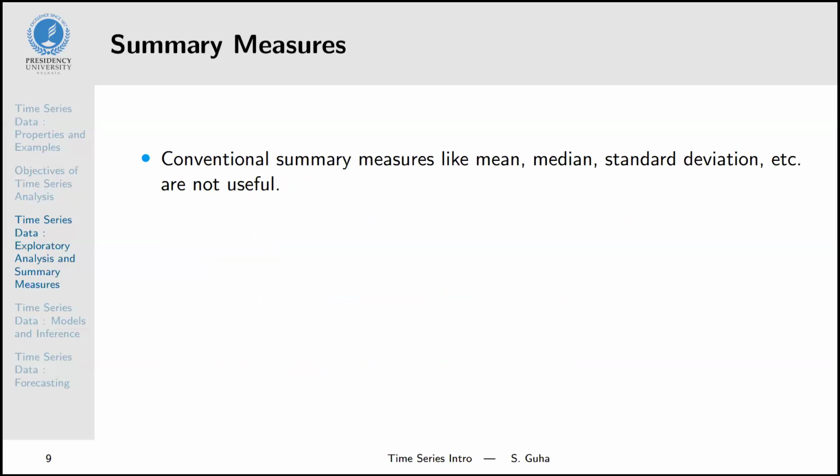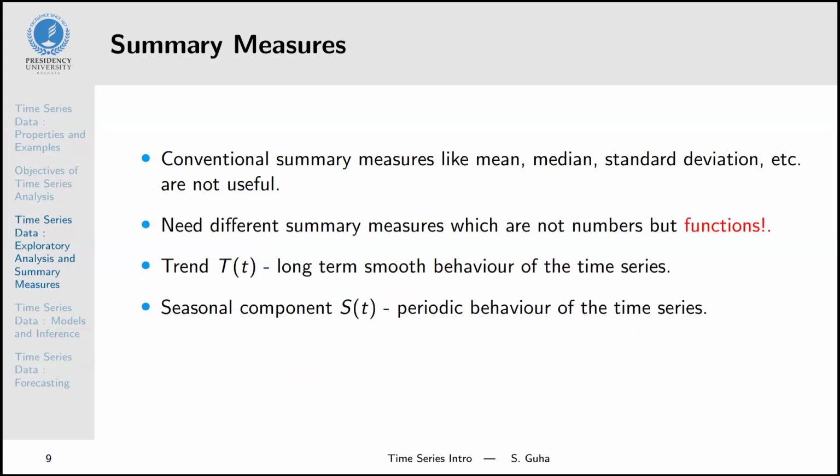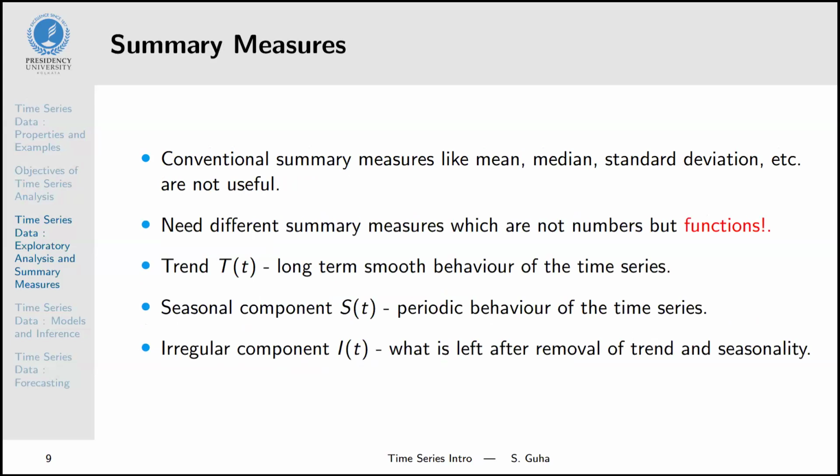Then we have talked about the basic summary measures of time series, and we have seen that all these summary measures are functional summary measures. That means it's not a single number, but a function. So if I give you time series data, out of that you don't calculate single numbers, but you calculate a whole function of time.